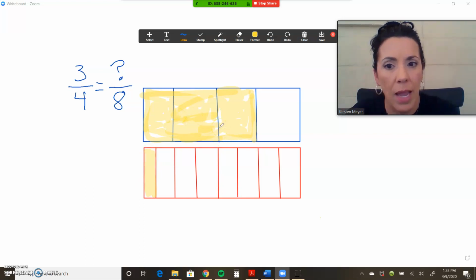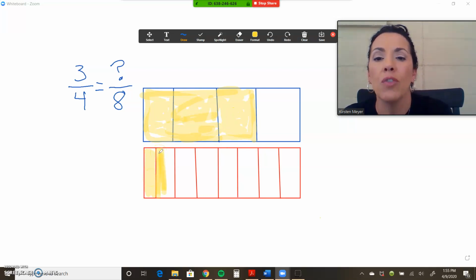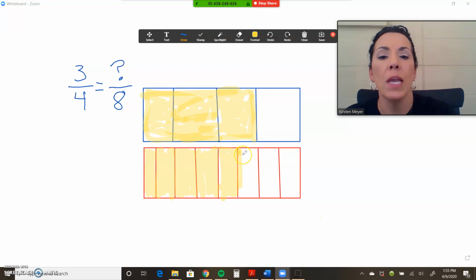When I go back to my candy bar, if that's chocolate and that's chocolate, those definitely aren't the same. So let me try 2/8. Nope, still not the same. 3/8. I'm getting closer, but still not the same. 4/8. Getting closer. 5/8. Almost there.